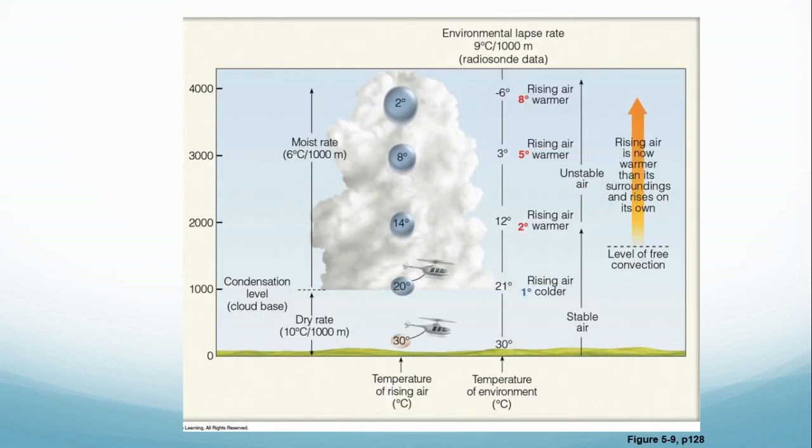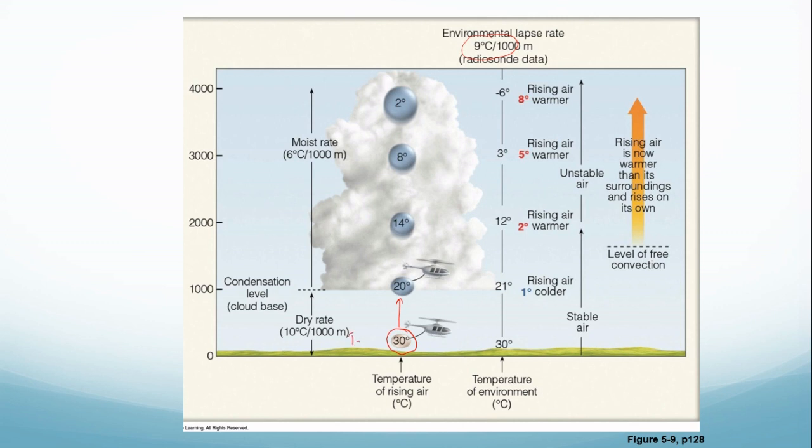So let's take our hypothetical situation again. We have a parcel of air at 30 degrees. The surface temperature is 30 degrees, dropping at a rate of, in this example, 9 degrees Celsius per kilometer. That's between 6 and 10, so we are conditionally unstable. The environment drops by 9 degrees, while the parcel cools at a rate of 10 degrees Celsius per kilometer, so it drops 20 degrees by 4 kilometers.